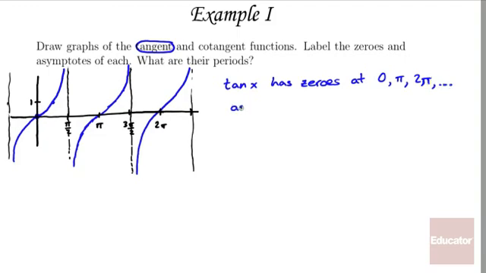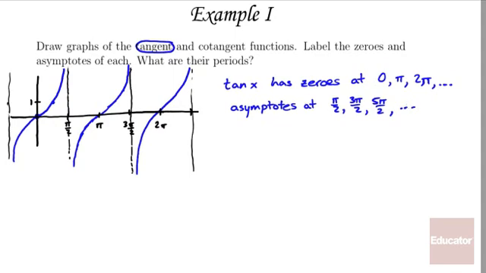It has asymptotes basically at the places where you're trying to divide by 0. And those are all the places where the cosine is 0, because remember tangent is sine over cosine. So those are at pi over 2, 3 pi over 2, and so on. So that's what the tangent function looks like.